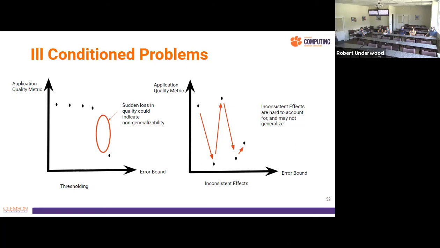Another problem that could exist is this idea of inconsistent effects, where we bounce from a high quality metric to a low one, and then back to a high one, and then back to a low one. This bouncing around not only makes it hard to automatically find an error bound which produces an appropriate quality because of the noisiness of the function, but it also means that the kinds of effects introduced are not generalizable.